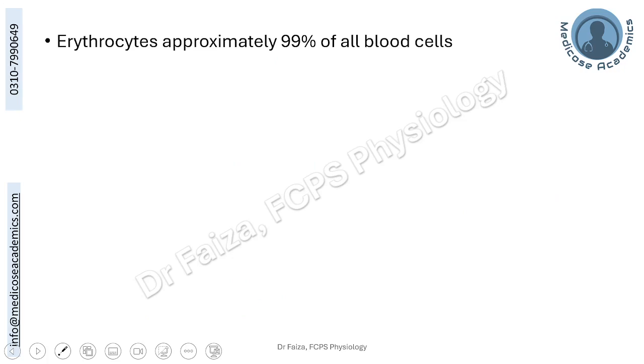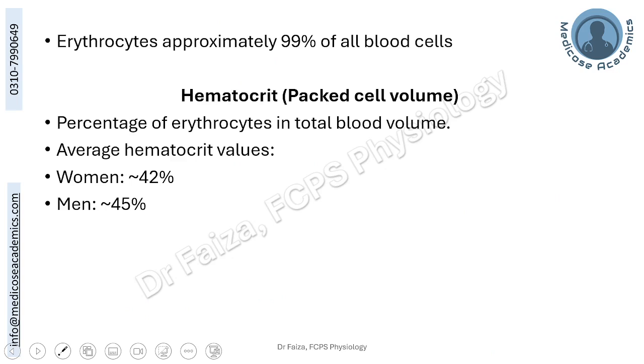Erythrocytes are approximately 99% of all blood cells, and hematocrit, the packed cell volume, on average is 42% among females and 45% among males. That's because males have a higher RBC count, and there are multiple factors behind that.